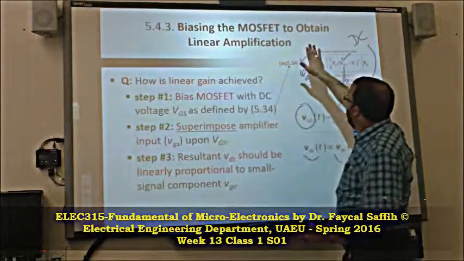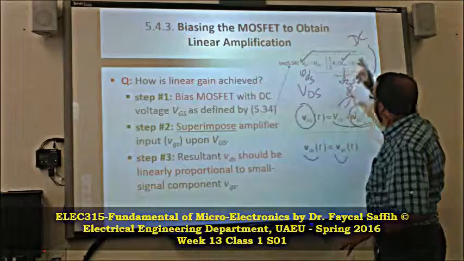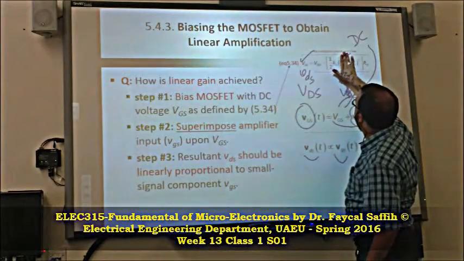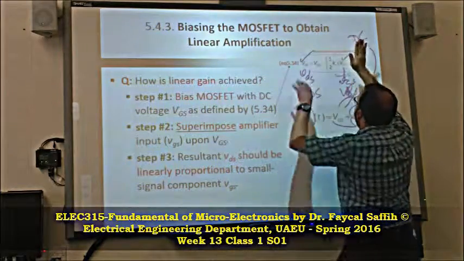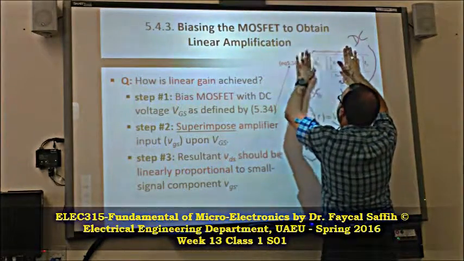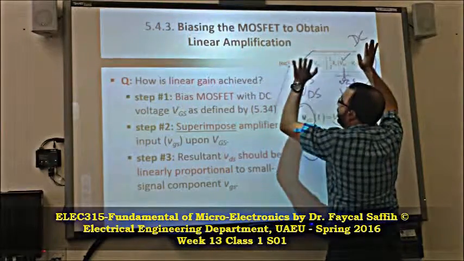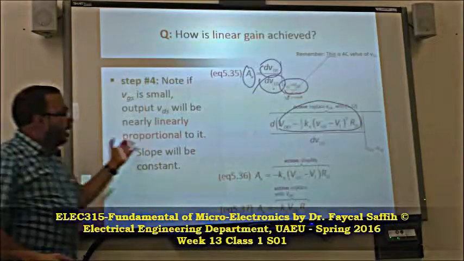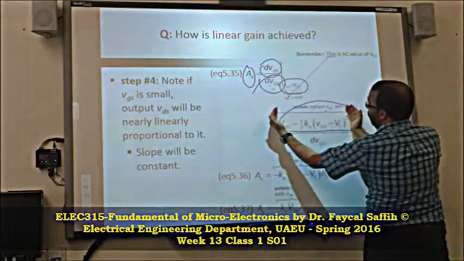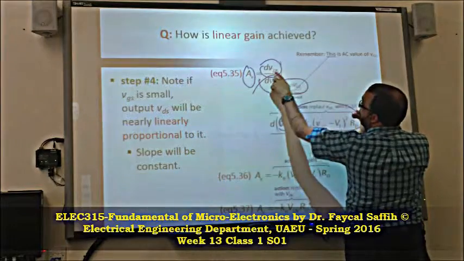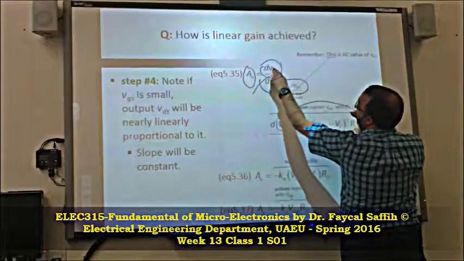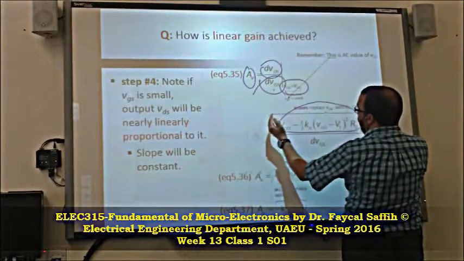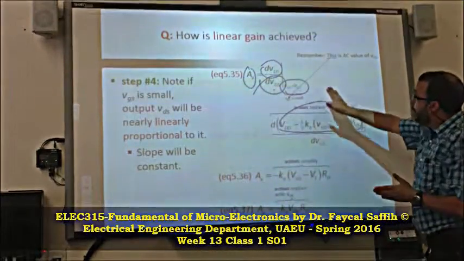Whatever you put here as a signal has to be equivalent: AC with AC, DC with DC, or instantaneous with instantaneous. Don't mix up. That's what we did in this equation, the equation of VDS. Here it is instantaneous, but you can also put the AC, that's fine. We put that there and do the derivation.